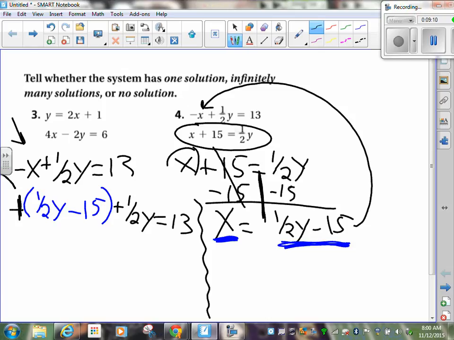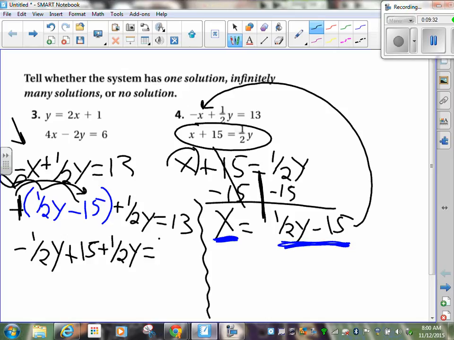So I have to hop and multiply inside the parentheses. Negative 1 times 1/2 is negative 1/2 y. Negative times a negative is a positive. Excellent. Positive 15 plus 1/2 y equals 13.